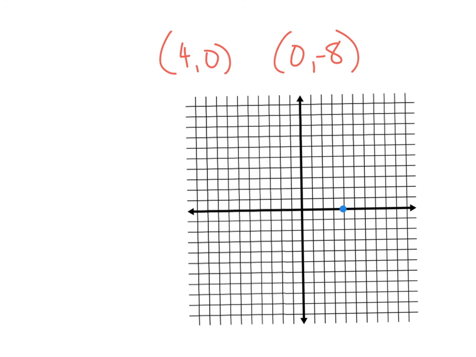And then to graph the y-intercept, I go down 8 on the y line. Negative 8. And then hopefully connect them. Woo, almost. So close. All right, that was number 5.